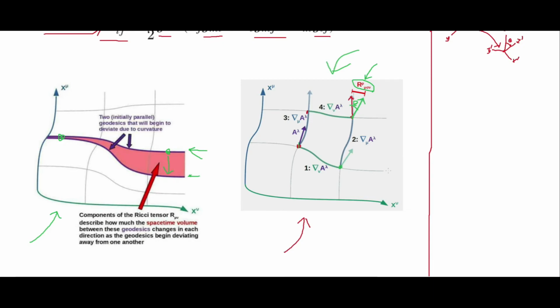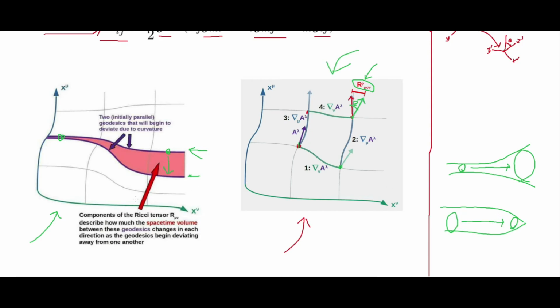If we have geodesics that are going like this and separating, it's telling us, if we have a ball here, how much the volume of that ball has changed. Or if we have geodesics that bend inwards like this, with a ball here, it's telling us how much the volume of that ball has shrunk.